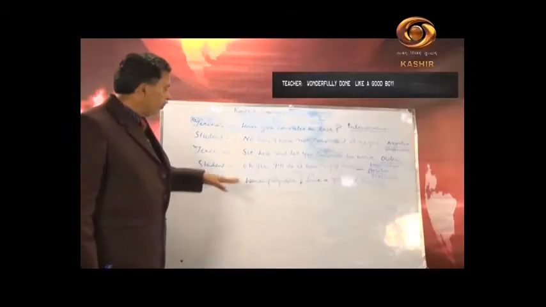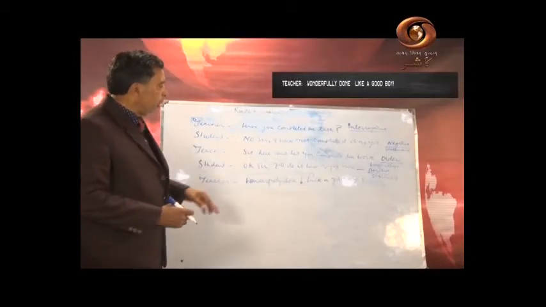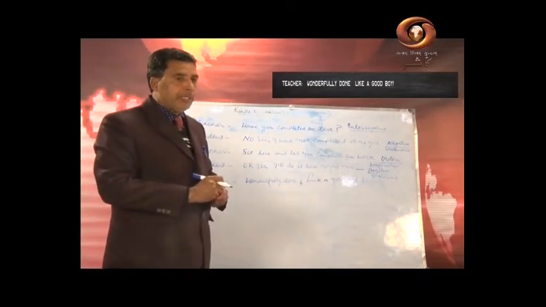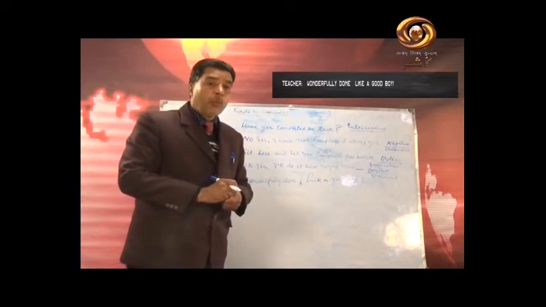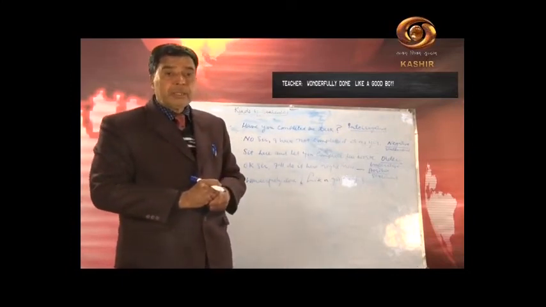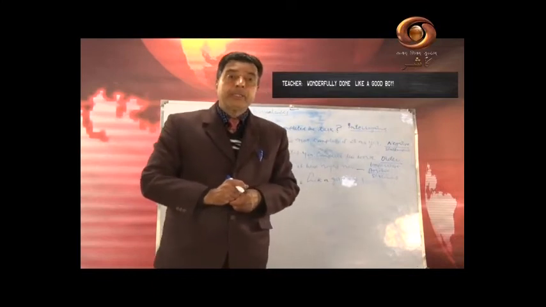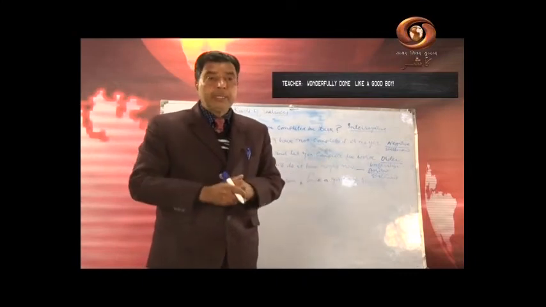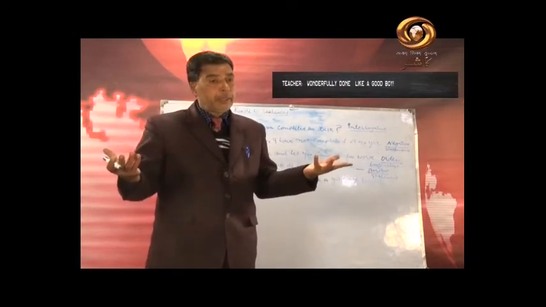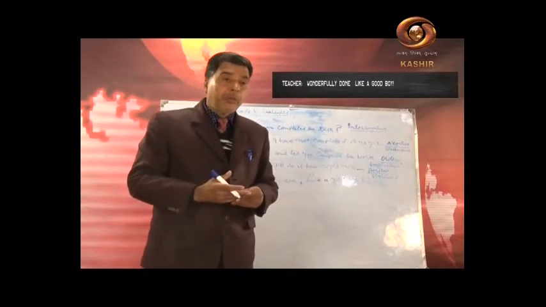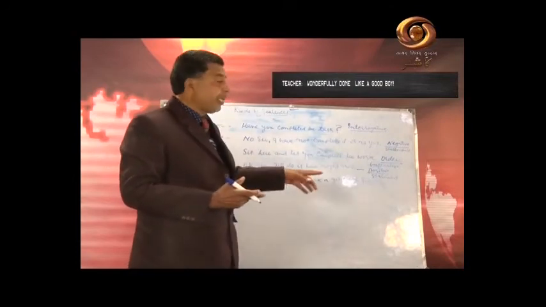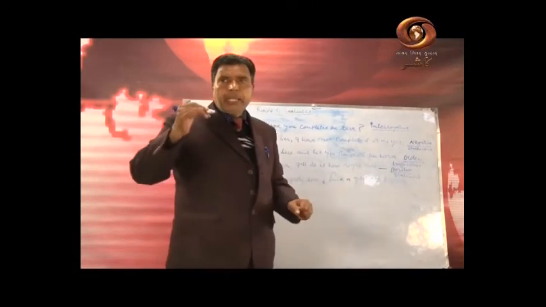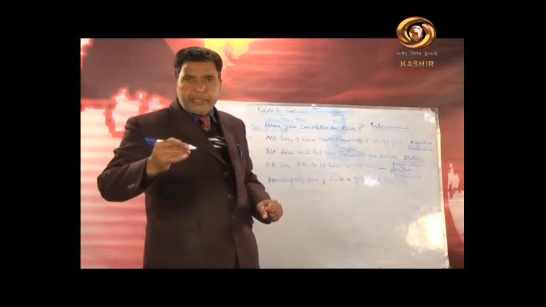Now the last one: "Wonderfully done, like a good boy." So the teacher puts here the exclamation mark. A sentence where there is some happiness, some joy, sometimes some sorrowfulness or some wish, these are called exclamatory types of sentences, and we always write an exclamation mark at the end of these exclamatory sentences.